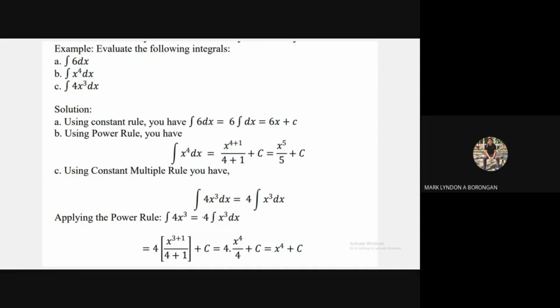For example, you have there a, which is the integral of 6. Using the constant rule, you have the integral of 6, and that is just equal to 6 times the integral of a number.